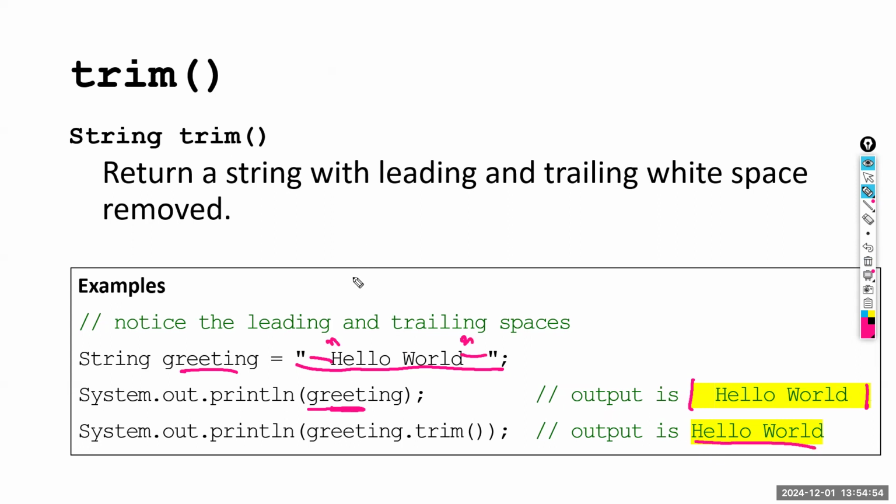So then someone will ask, what is the practical use of the trim method? Can someone tell me the practical use of the trim method? Anyone? Just think and tell me. In a program, will you use the trim method? If you use it, what can be the reason?